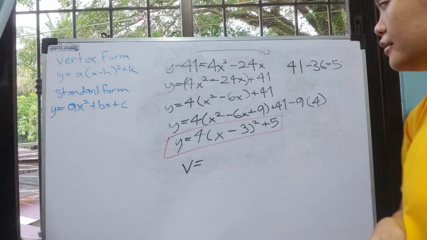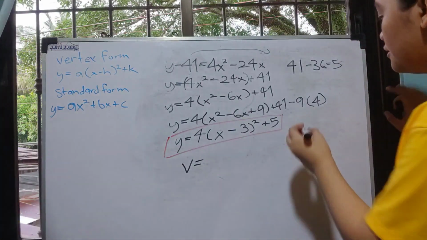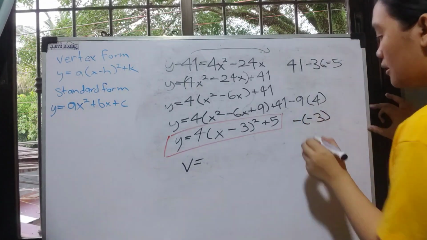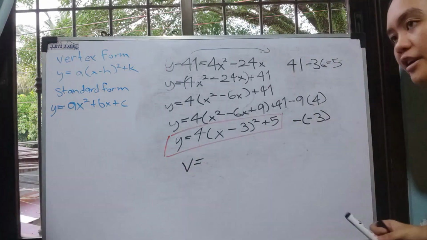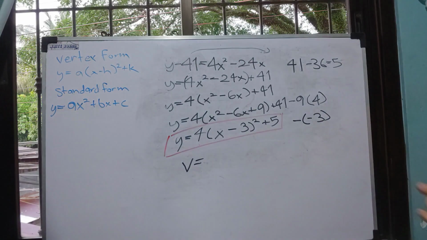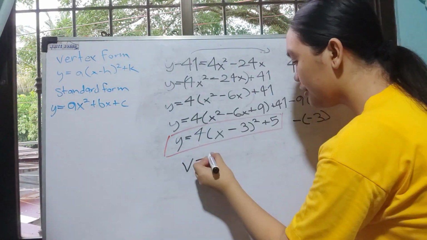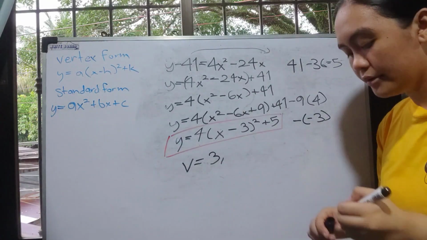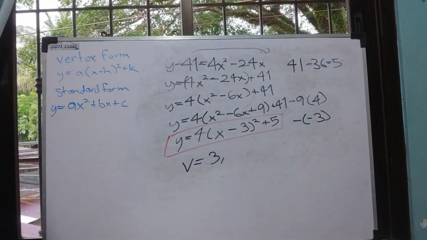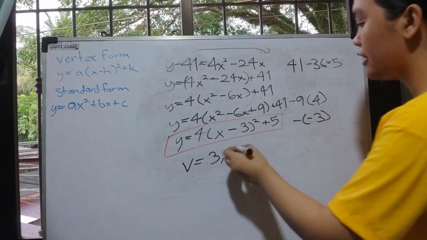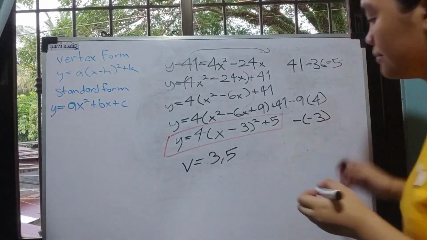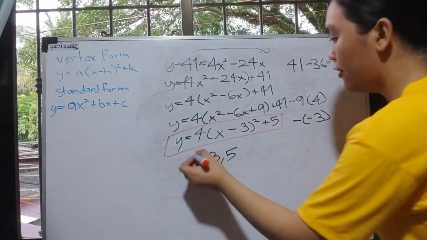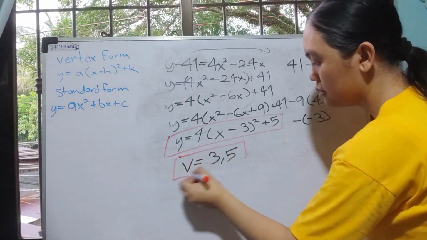So when you plug in negative 3 into negative h, a negative multiplied by a negative becomes positive. So what will actually happen here is it becomes 3. The h is 3, and k is still the same, it's 5. That is our vertex point.